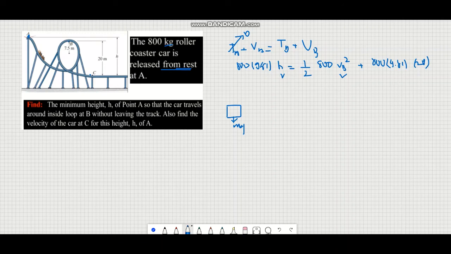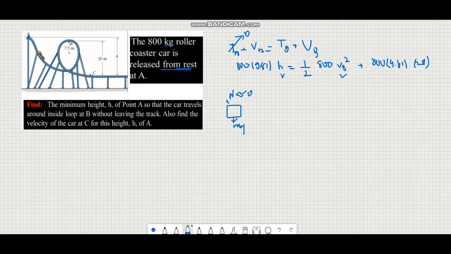It wants to go down, and the normal force acting on it is gonna be 0, because we don't want the centripetal force acting on this track.